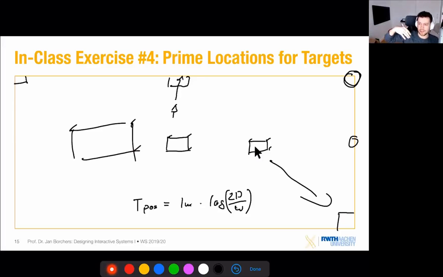So what you can assume then, and that's the nice hack, is that the target is basically infinitely large because we can just approach it with as much speed as we can manage with our hand, and we do not need to worry about overshooting the target anymore. So Fitts' law gets really interesting there. So we can just assume that the width of the target is then infinitely large.